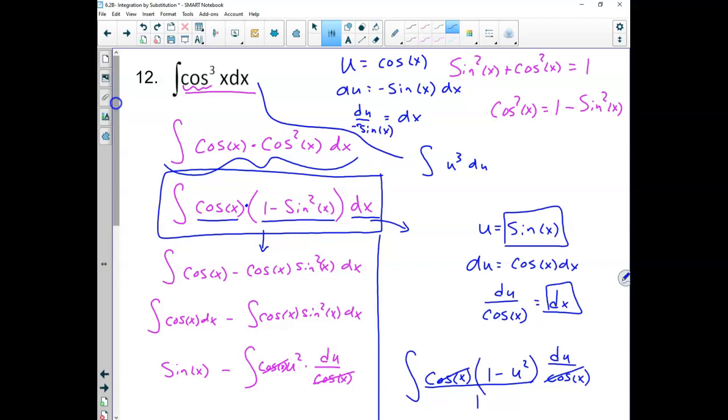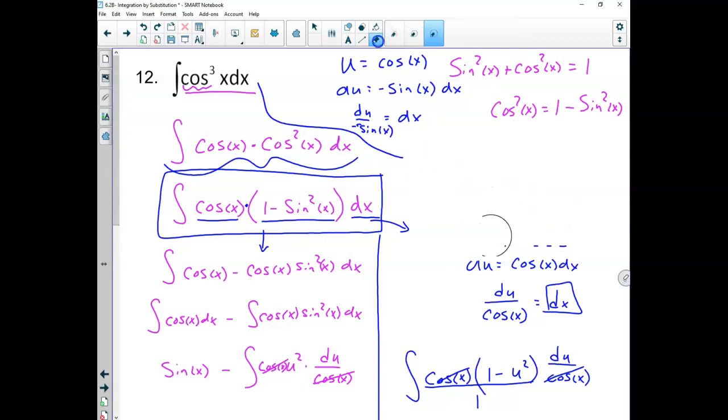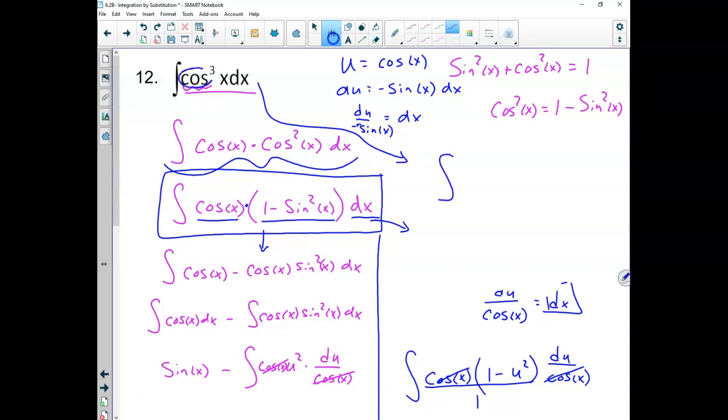And here's where you're going to see it, because you're going to be taking that substitution, and you're going to run into a dead end, because you're going to be getting the integral of, remember, here it is, that's my u to the third, my dx gets replaced with du over negative sine x, and there's no way for me to get rid of that.